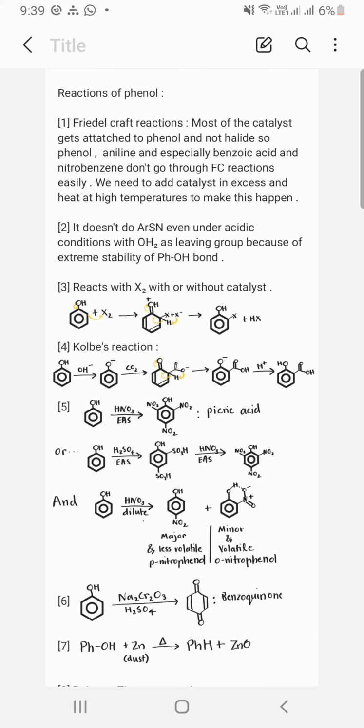When that catalyst attaches itself to oxygen, that hinders the rate, because oxygen cannot now use its lone pair anymore. So yeah, problematic, very problematic. Okay, cool. Where was I? It doesn't do SN Ar even under acidic conditions. Yeah, cool. Kolbe's reaction.